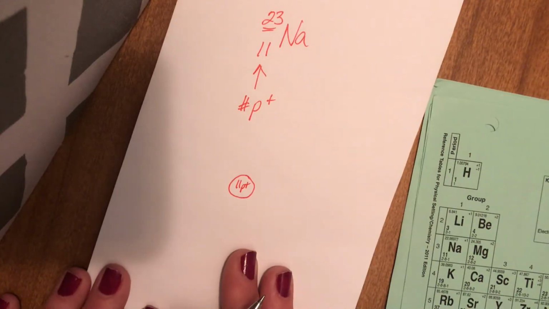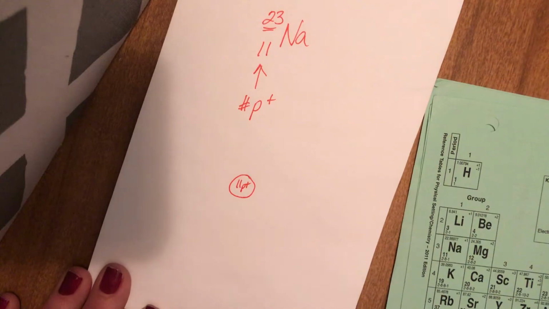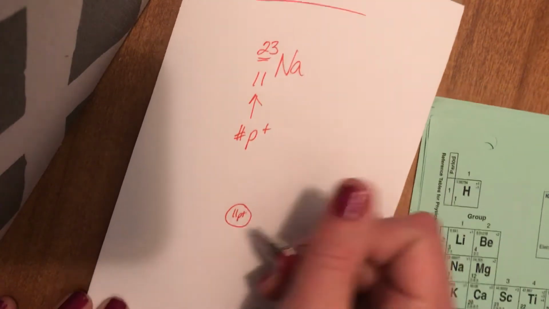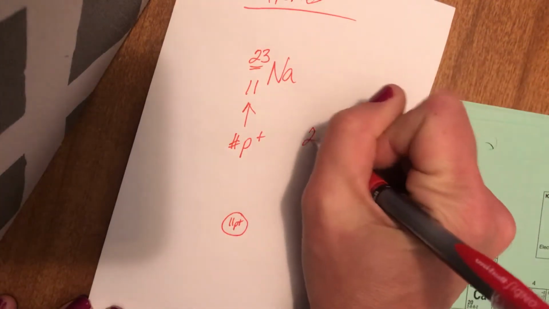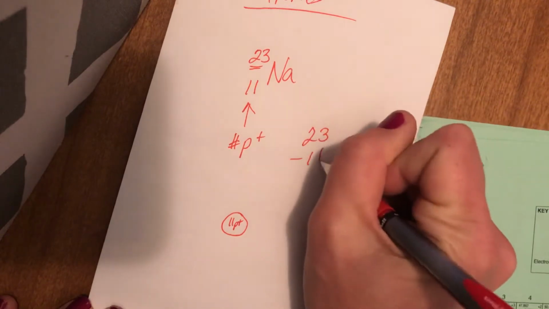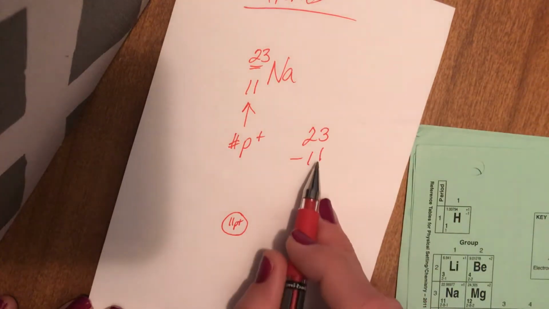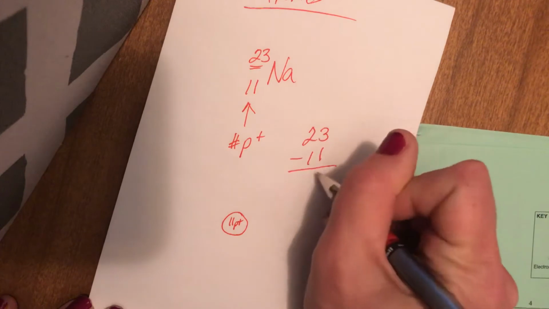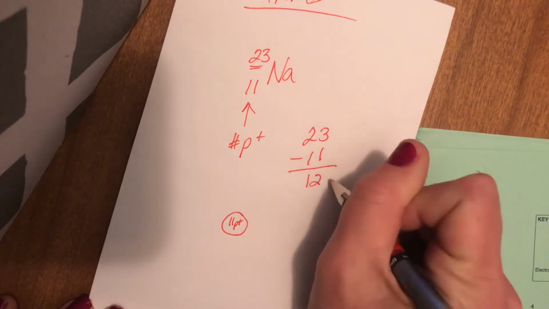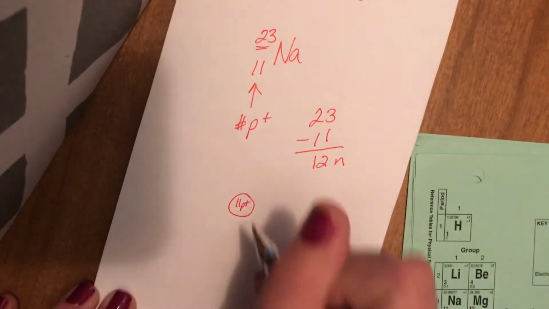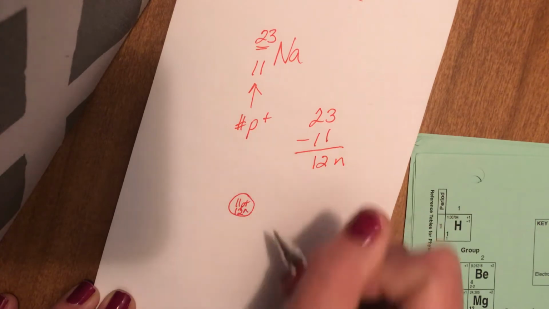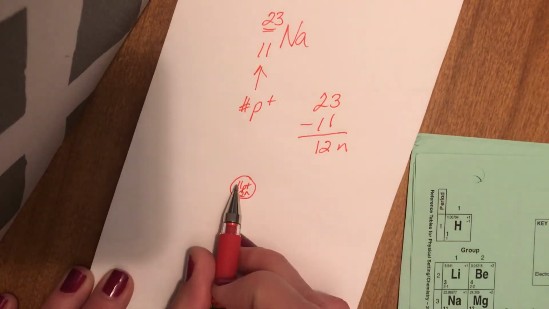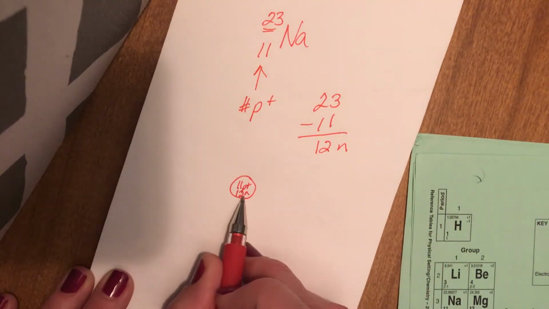Electrons' mass is negligible, which means it's too small to consider. So what I can do is say 23 minus 11, so all of the mass minus the 11 protons will be 12. So that means there's 12 neutrons also in the nucleus. So I put 12N. So there is my nucleus. It contains the protons and the neutrons.